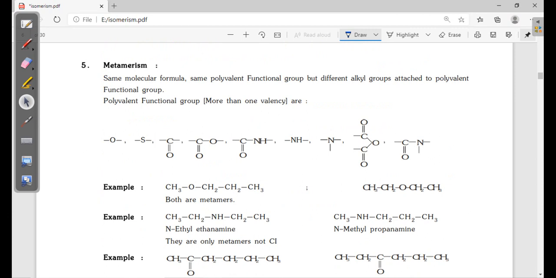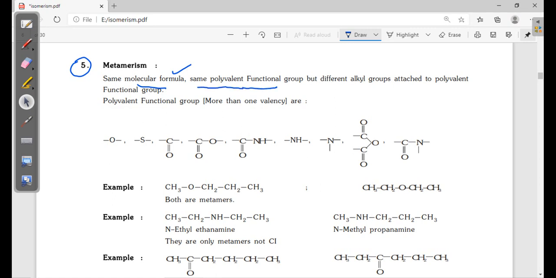Metamerism means, see first the definition: same molecular formula, of course, same polyvalent functional group, but different alkyl groups attached to the polyvalent functional group. See, these are the functional groups.